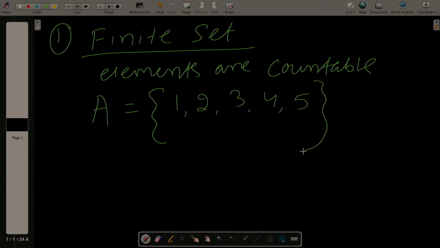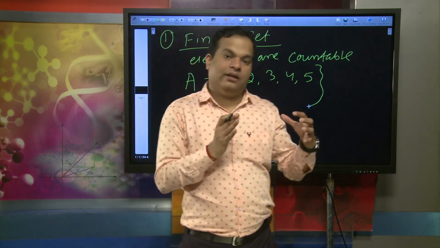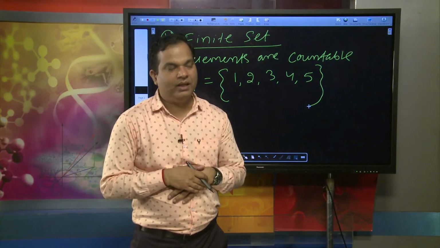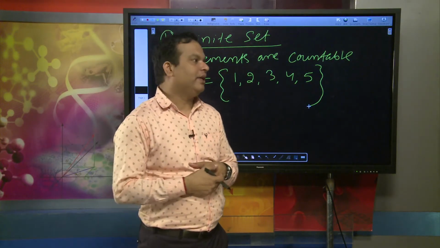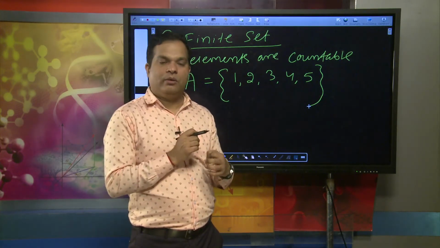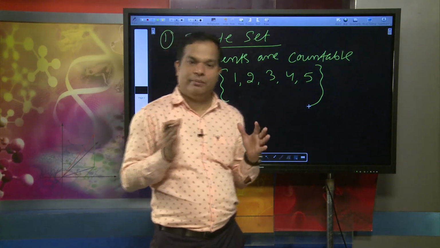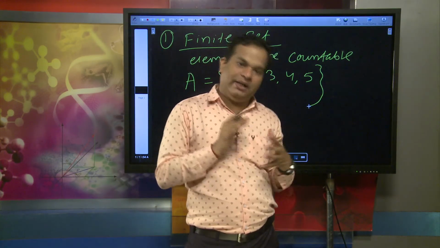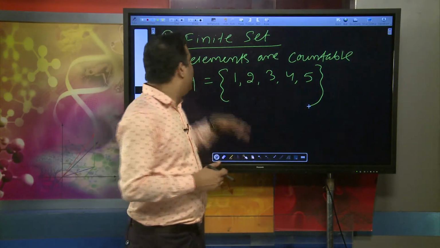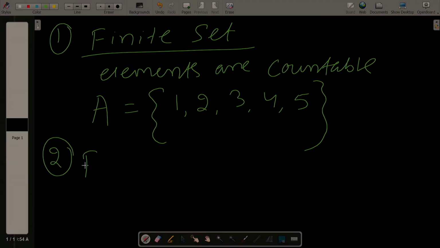You see there are 5 elements. That means when we are able to count the number of elements, then we can say this is a finite set. For example, the number of students in our school, or in our mathematics class, we can count it. So this type of set is a finite set. When talking about infinite sets, another category of type of set is infinite.